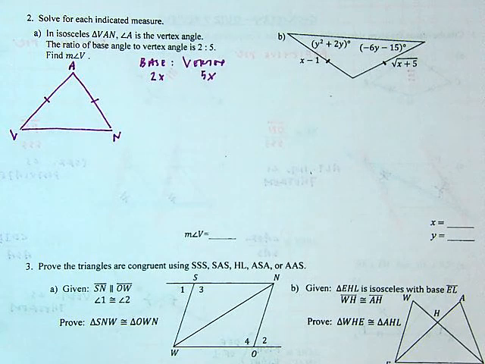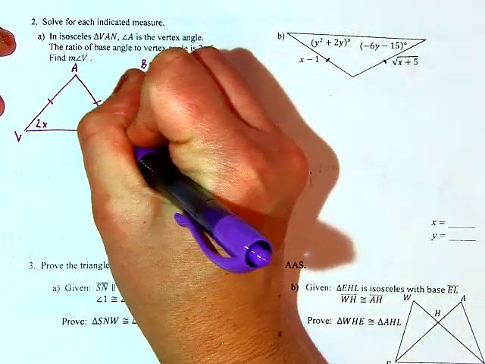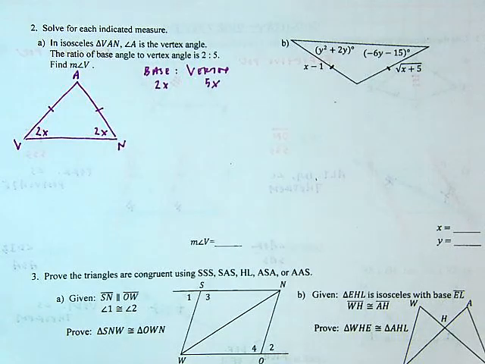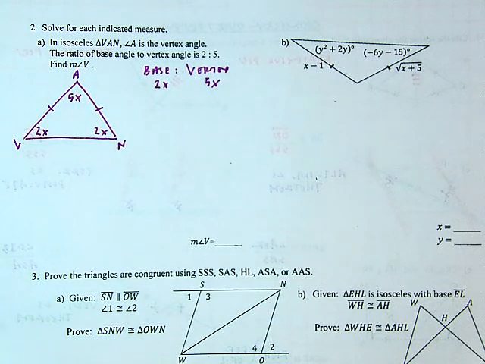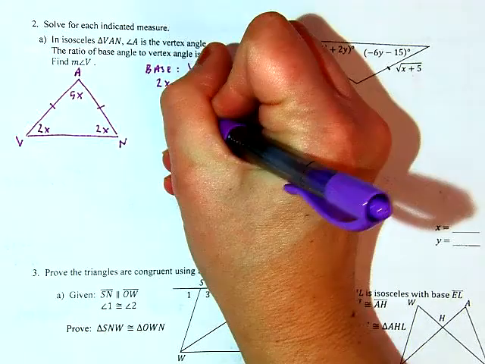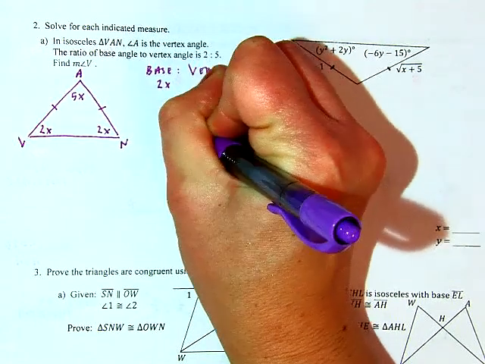My base angles, I'm going to mark with a 2x. Base angles are congruent. And then the vertex angle, 5x. Now if I add all of these up, I have 9 x's, all equal to 180.